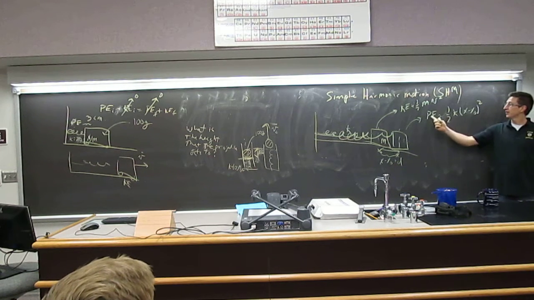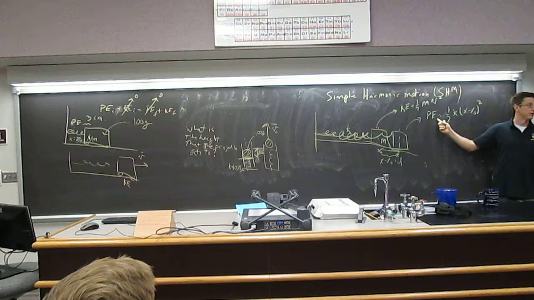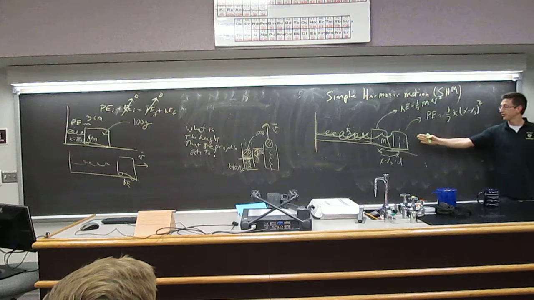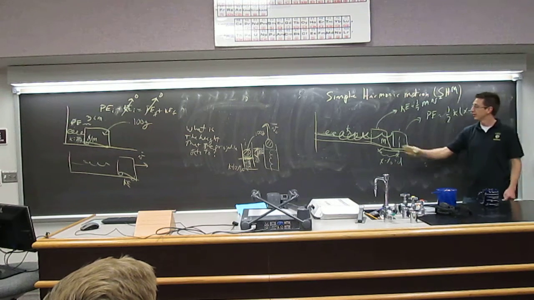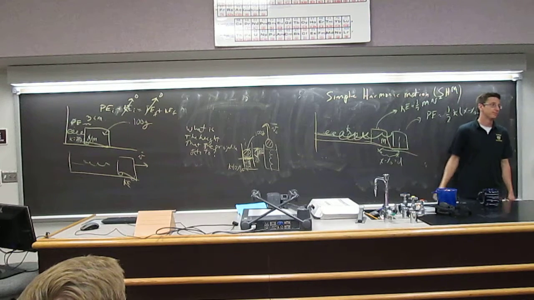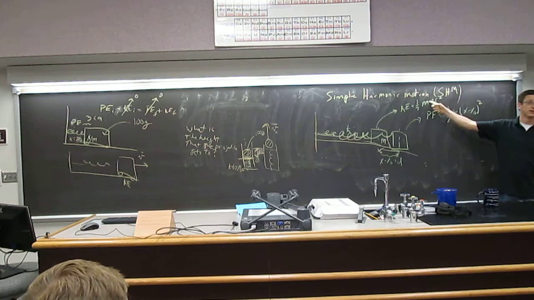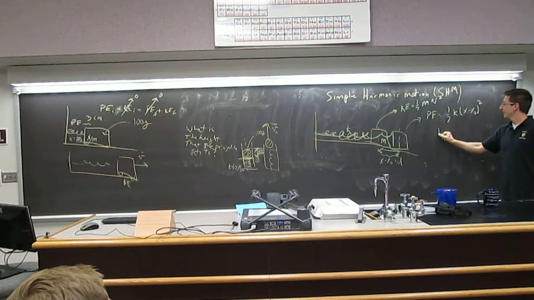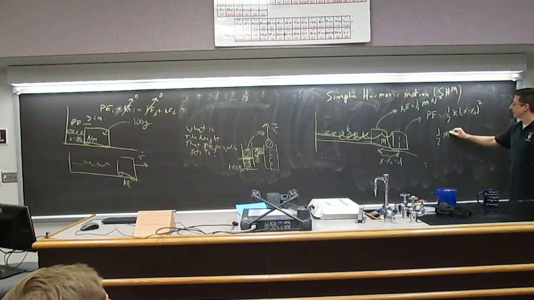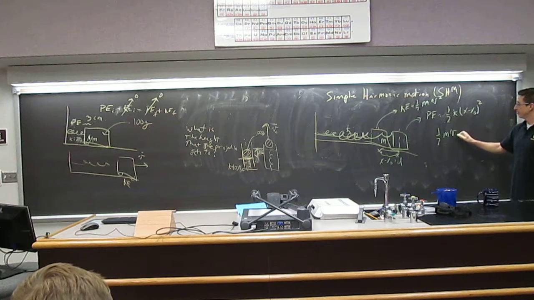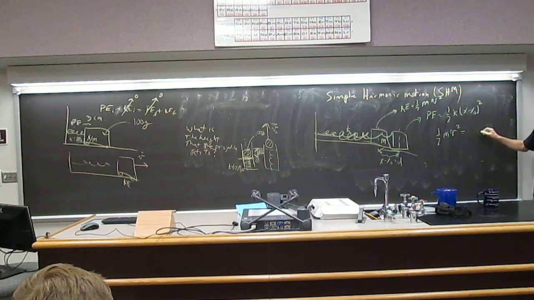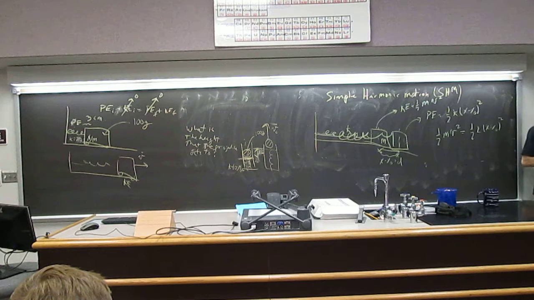And each of these is the total energy of the system, because over here there's no kinetic energy, over here there's no potential energy. So these two things are equal to each other. So I get 1/2 m v max, the maximum speed, squared, is equal to 1/2 K times the maximum stretch from equilibrium squared.